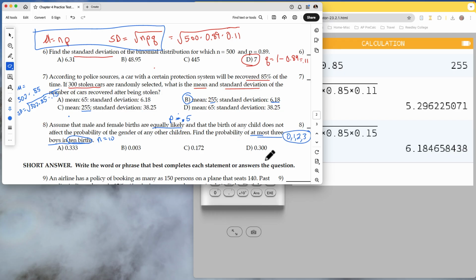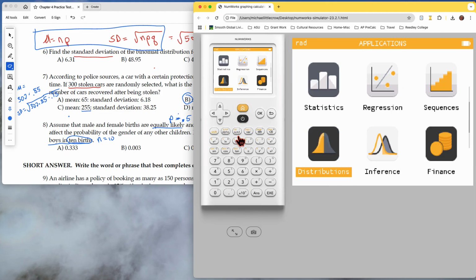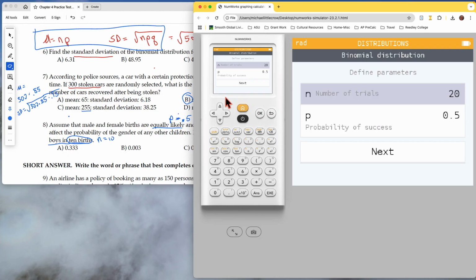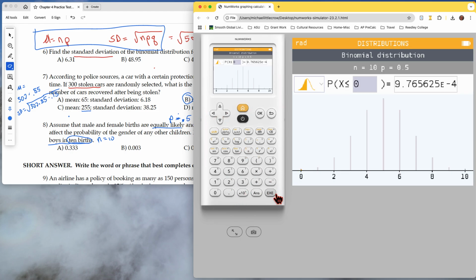That's the key part. There is a binomial distribution in our calculator. So we'll go down to distributions. We'll go to binomial, and we have to put in the n, which is in this case 10, and the probability of a success, which is 0.5. Now we want the probability. You've got 4 different choices. This last one down here is equal to an item.